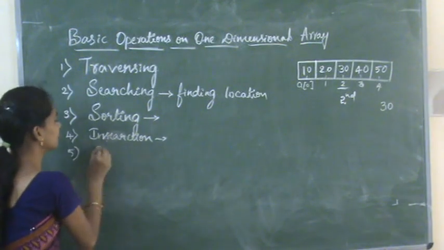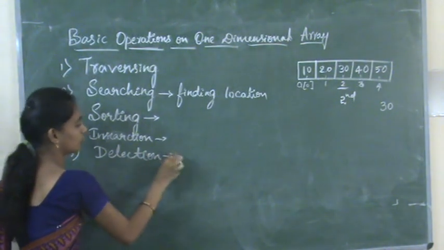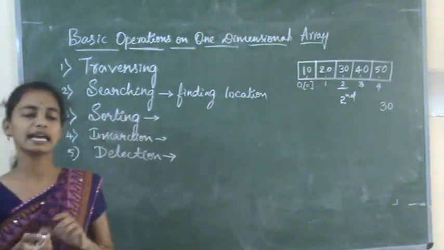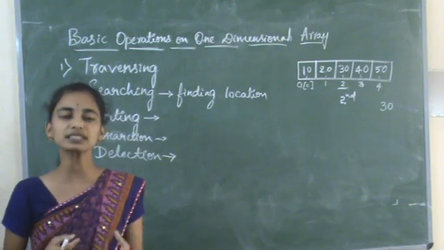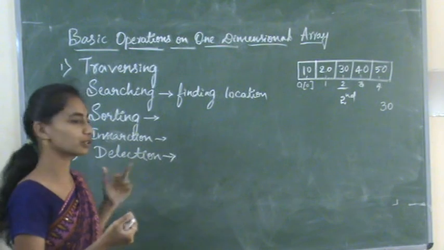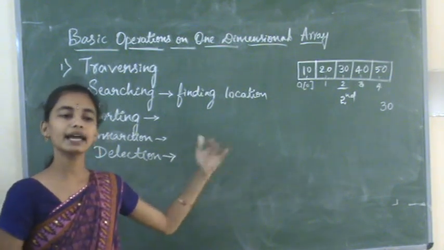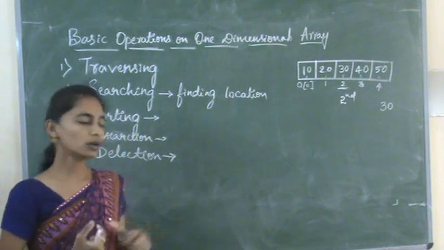Next one is deletion. Deletion means deleting or removing an element in an array. To delete an array element we use this operation. Deleting an array element is called deletion.